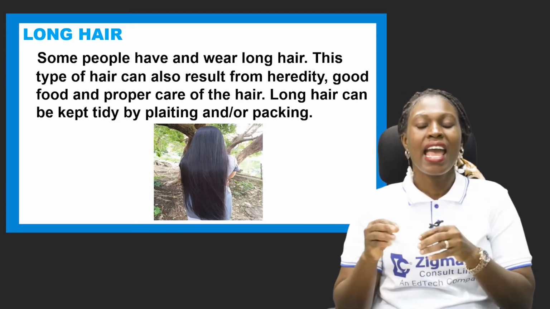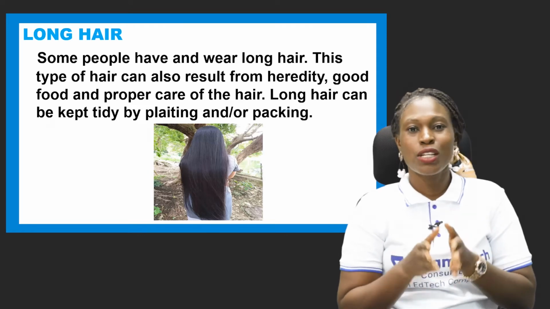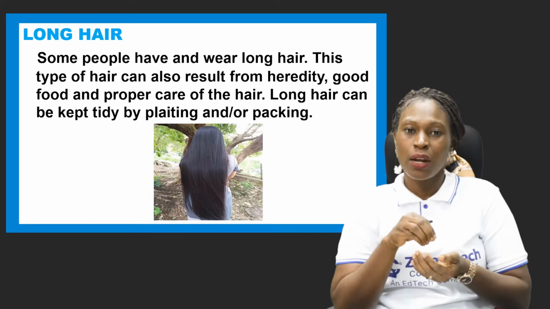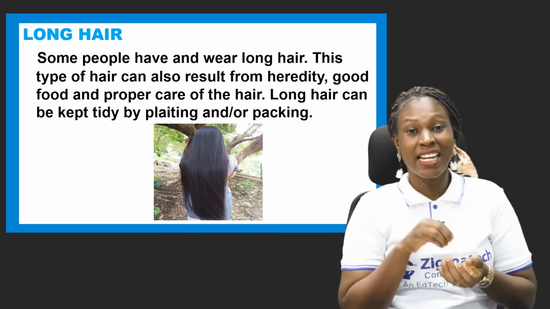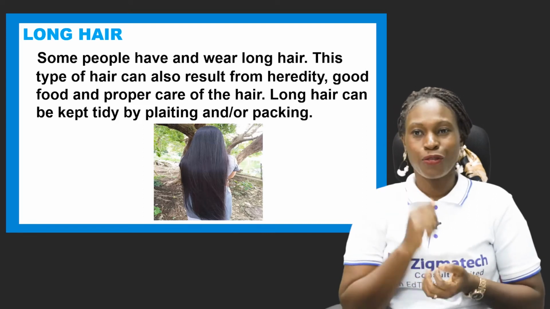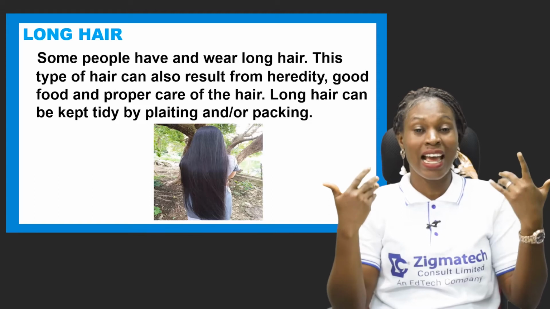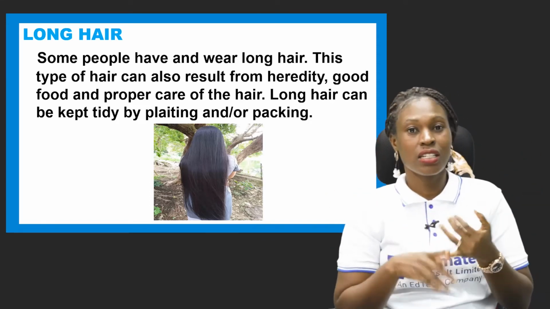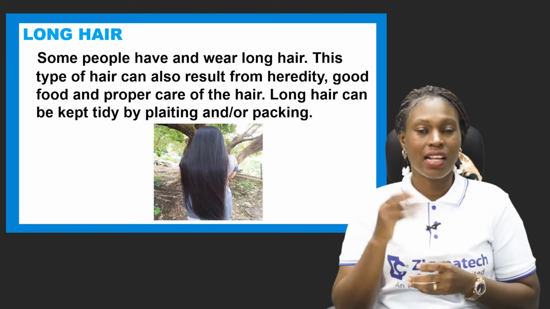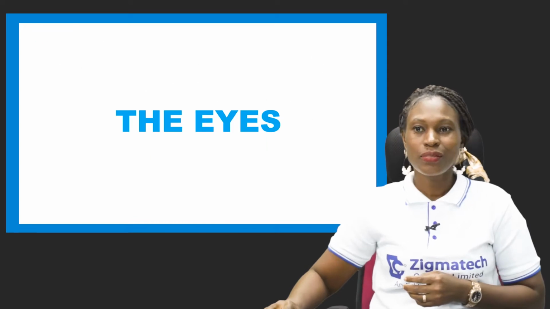Before you start applying every one of these remedies, recipes, or procedures on your hair, you have to know the type of hair that you have and the one that will work for you to attain the desired results that you're actually looking for. Now, for long hair, some people naturally like wearing long hair. So even if they are fixing, they like the long hair. So some persons are actually blessed with this. Now, long hair is one of the types of hair that we have as well.